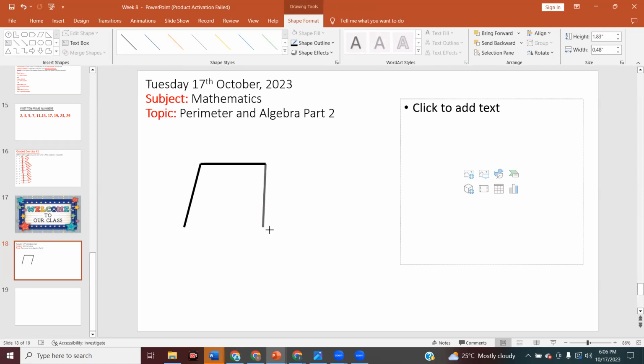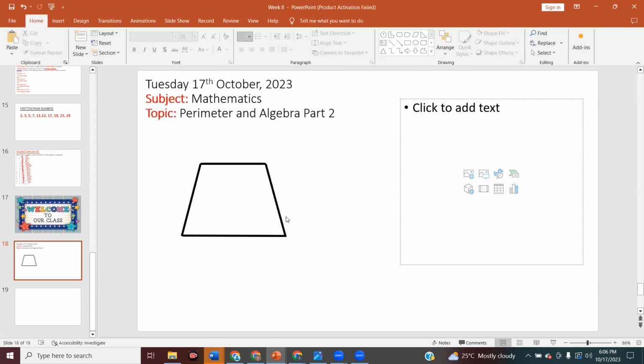On this side, and we have a 9 going at the bottom, like this. Let me extend this downward. All right, good. So there's our trapezium, or trapezoid.